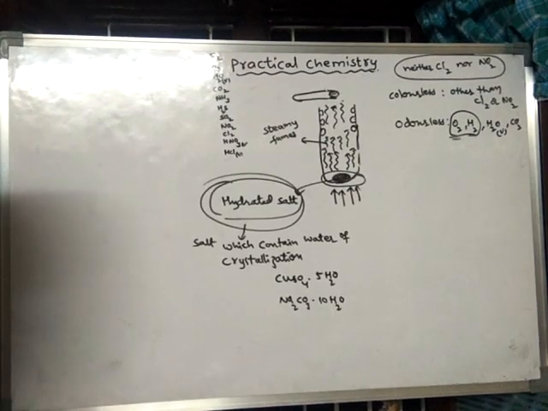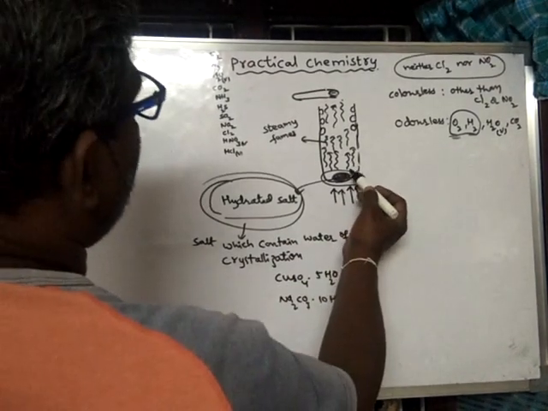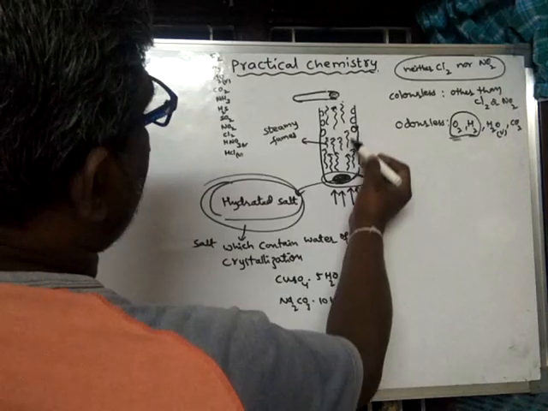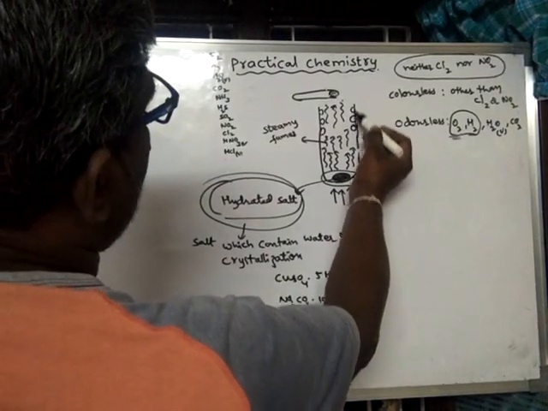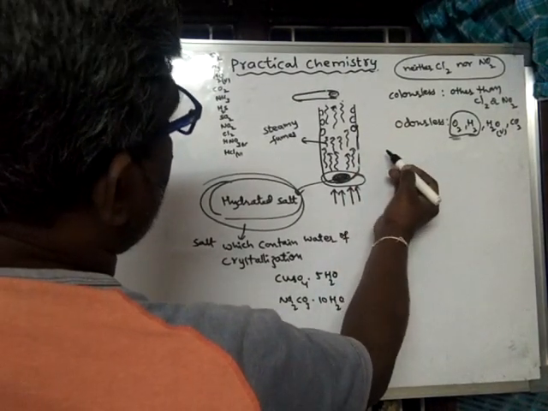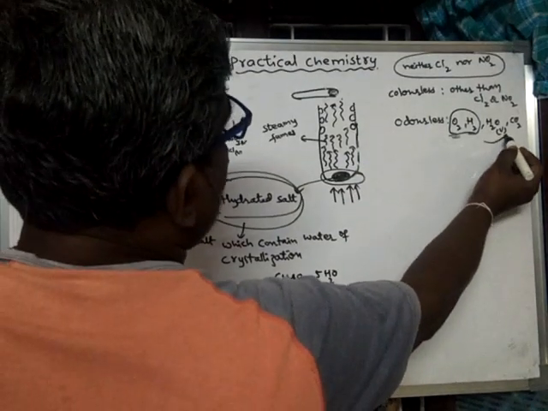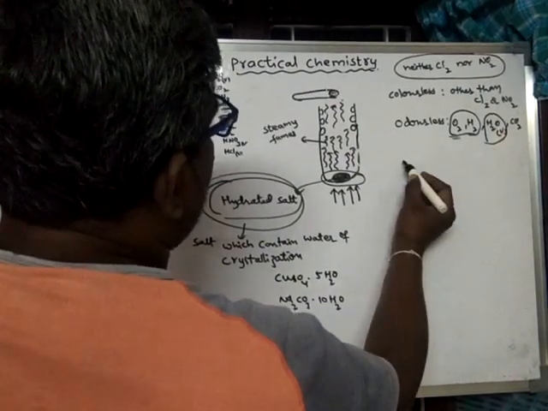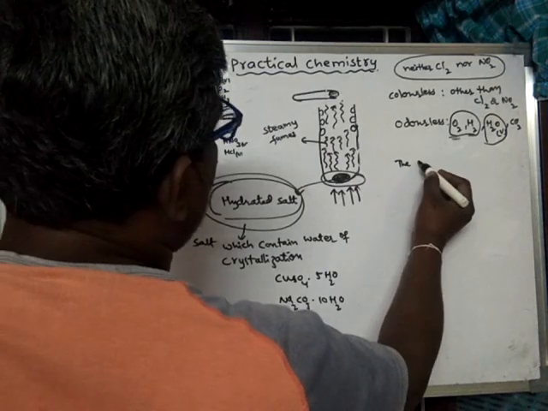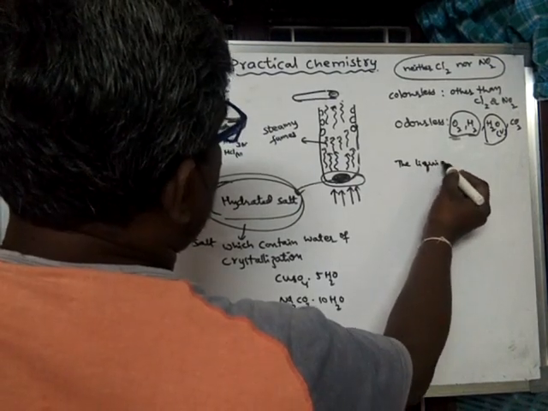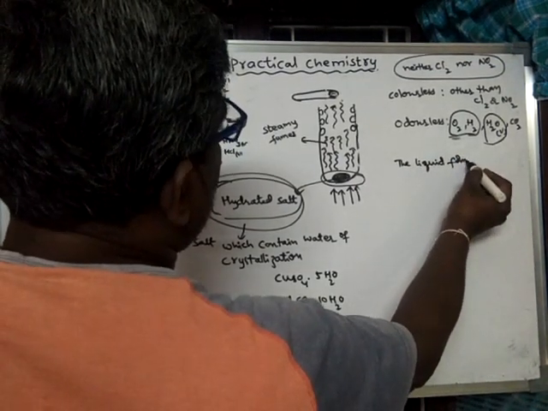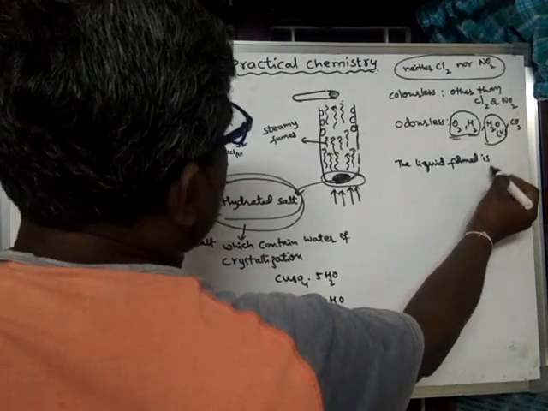So when a gas condenses to form a colorless liquid, we may come to a preliminary conclusion that the liquid formed is water.